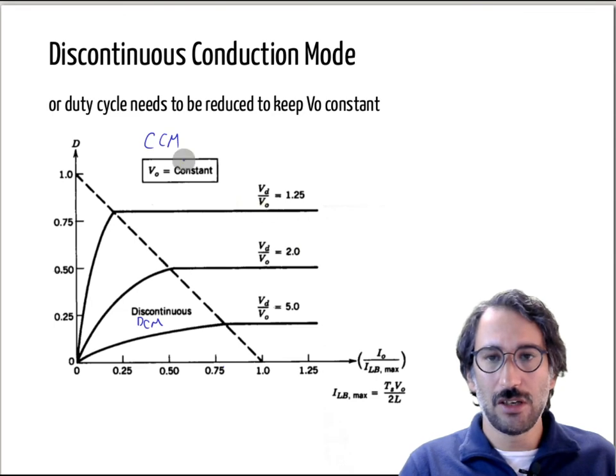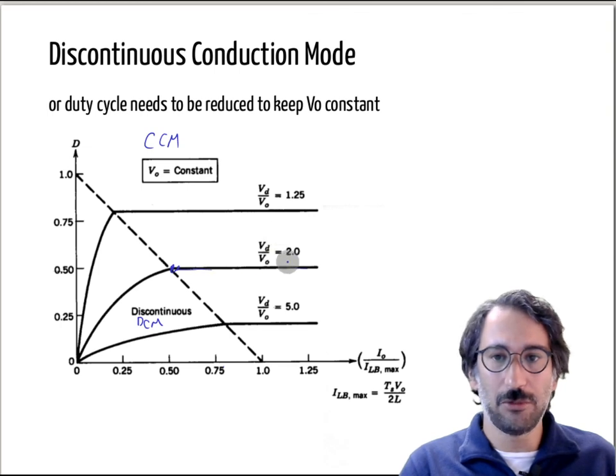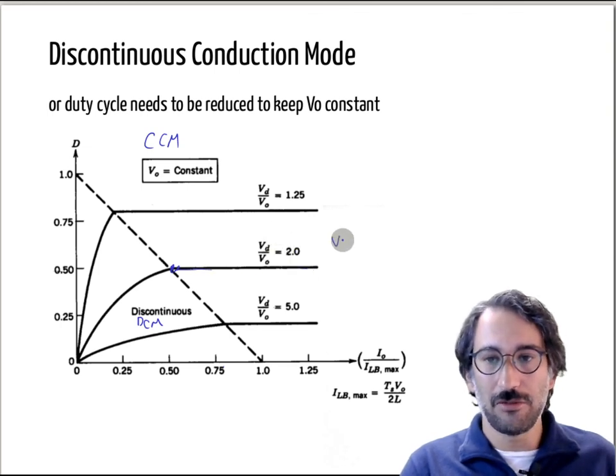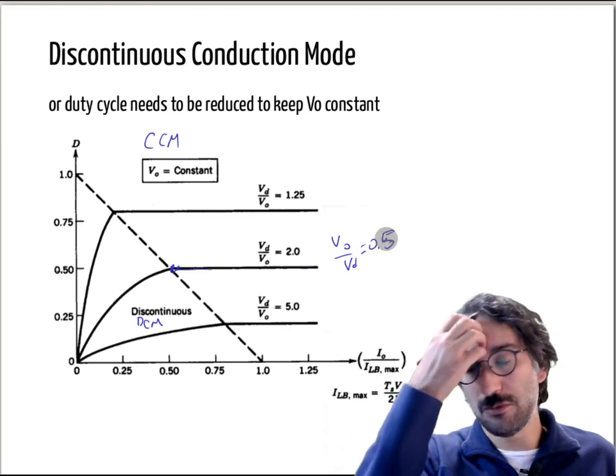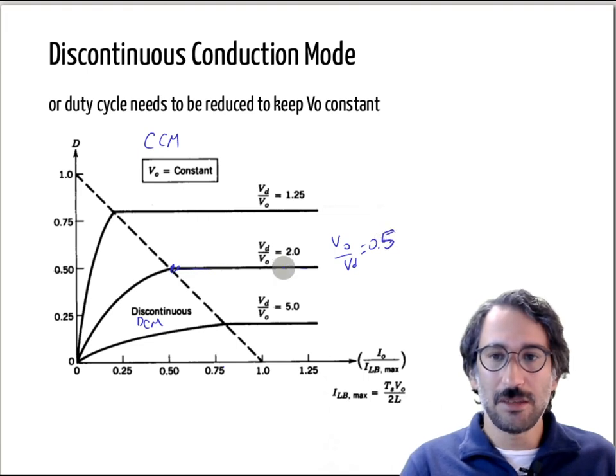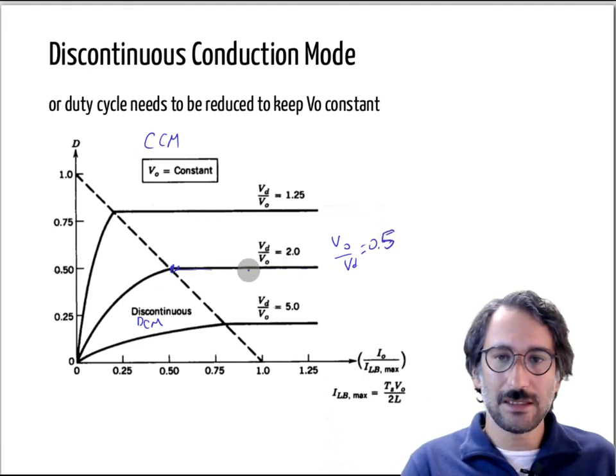So if you are operating at the CCM, and if this VO to VD ratio is 0.5, like you want to have 6 volts from a 12 volt supply, then you can keep the duty cycle constant.